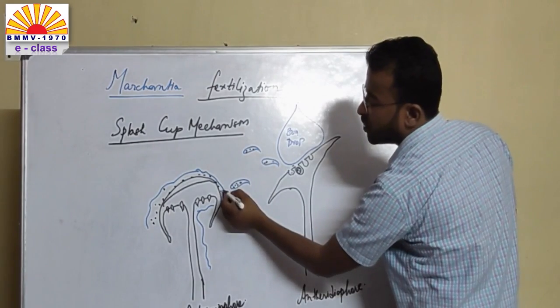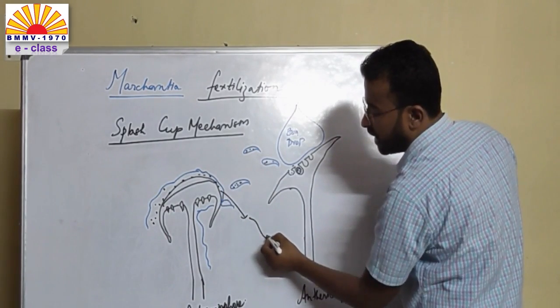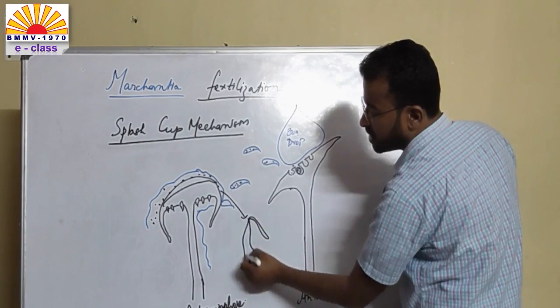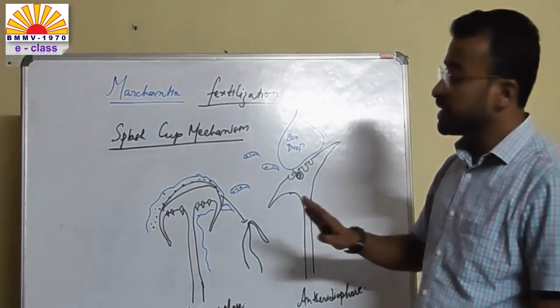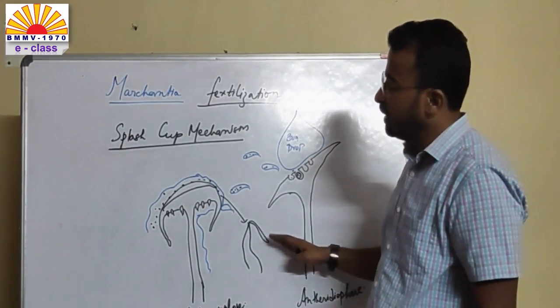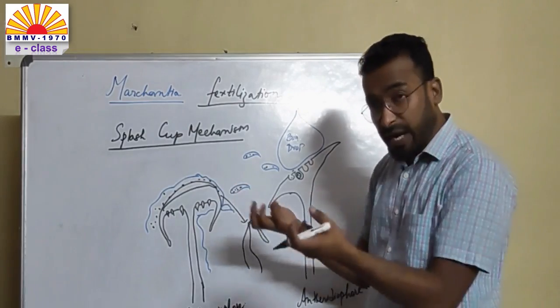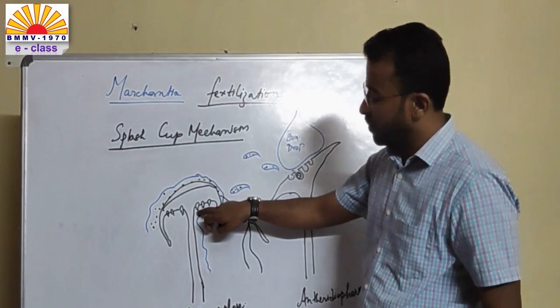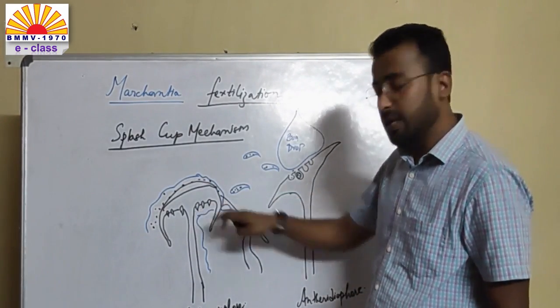Now these antherozoids, as I told you, are motile in nature. They can swim in water and they are attracted by the chemicals that are produced by this archegonium.